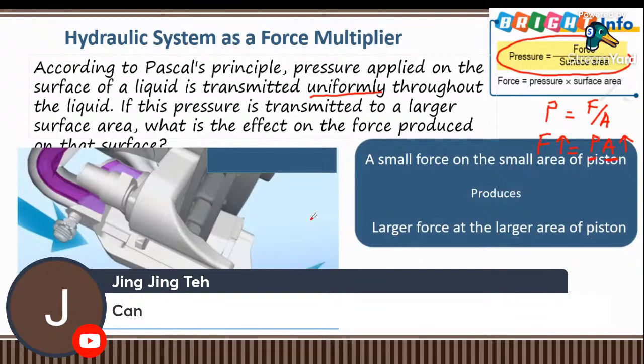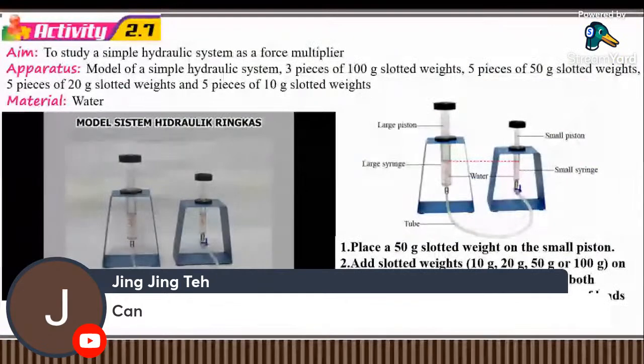So for this one, a small force on a small area of piston produces a larger force at a larger area of piston. Okay, activity 2.7. Let's say we have this model hydraulic system, a simple hydraulic system.